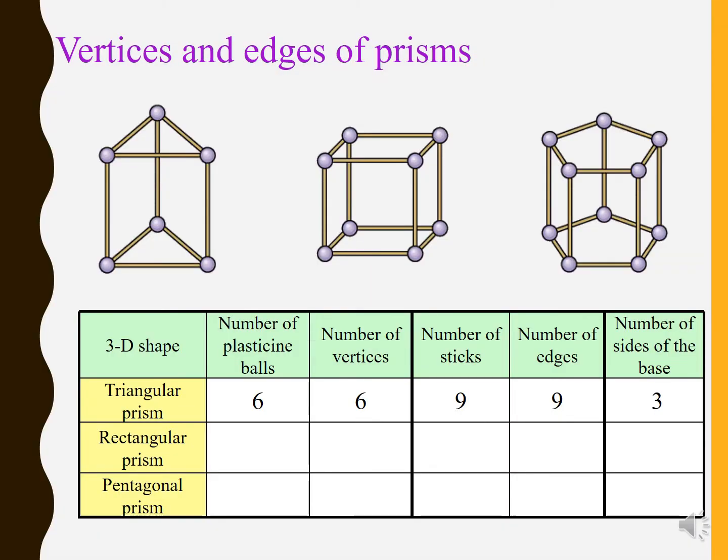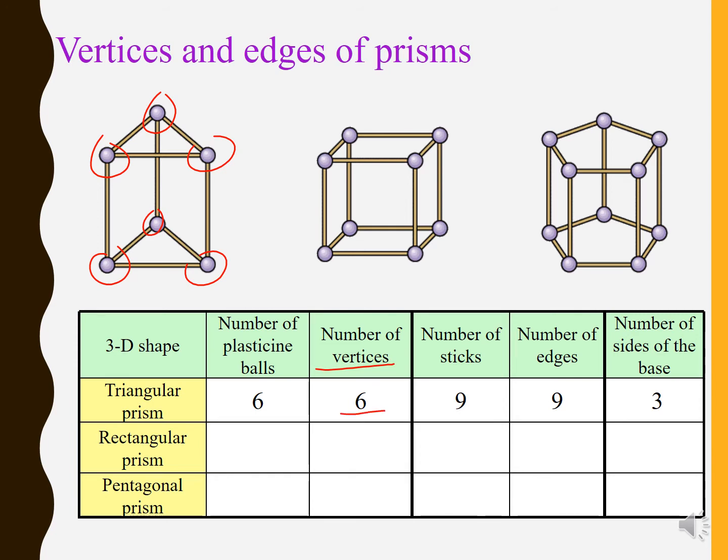Now let's look at the vertices and edges of these 3D shapes. For the first one, it is a triangular prism. We make use of 6 plasticine balls: 1, 2, 3 at the bottom, 4, 5, 6 on top. The number of vertices will be 6.